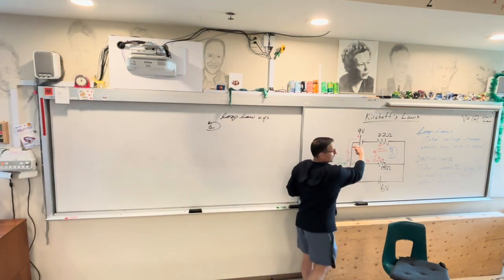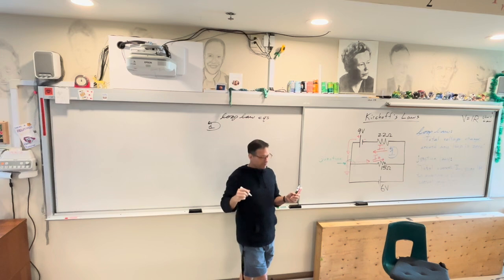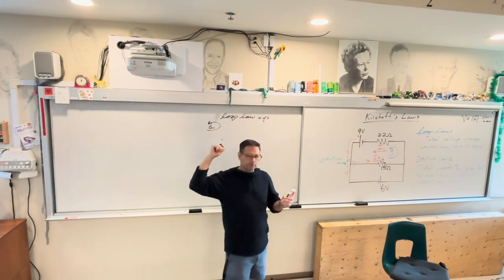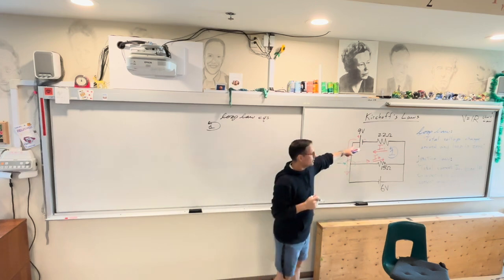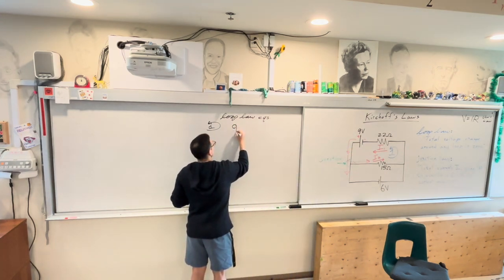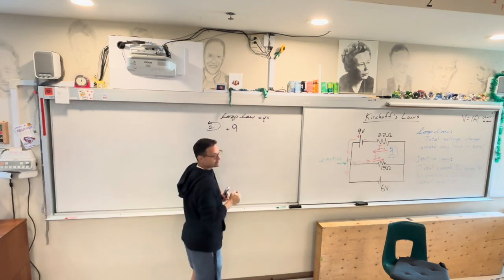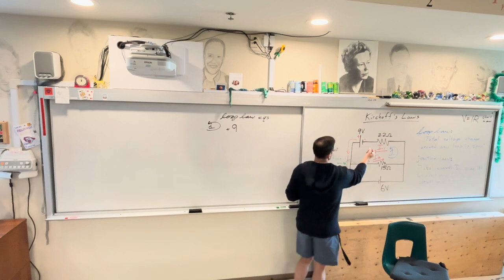As you go through the battery, what's happening to the voltage? Going up or going down? Going up. Our trucks are getting loaded in with energy, right? How much energy are they getting in this cell? 9 volts. So we say plus 9 is our voltage gain through the cell.